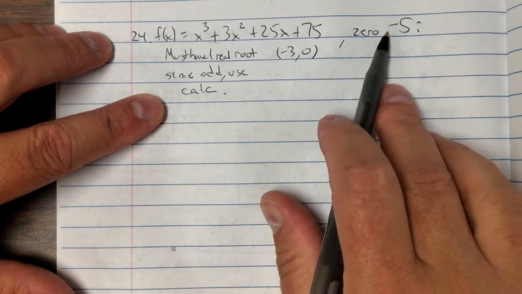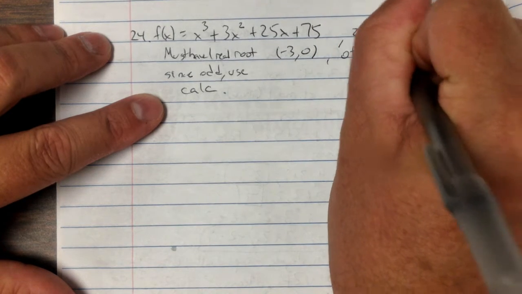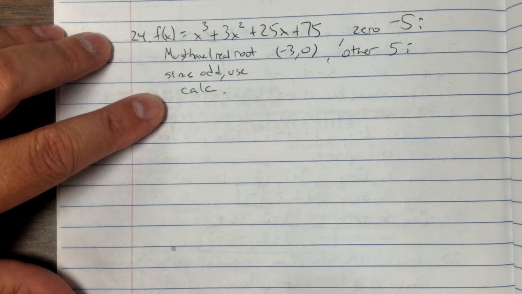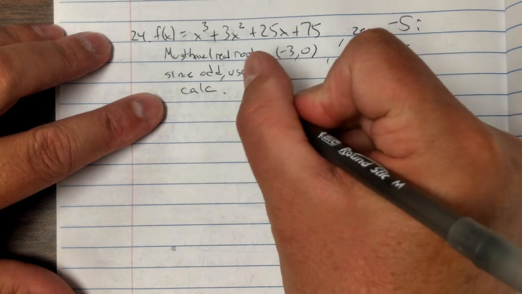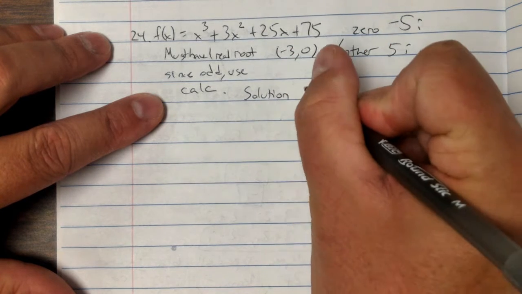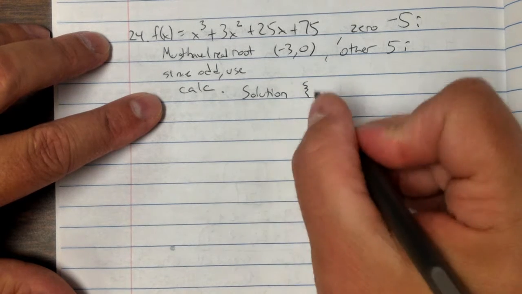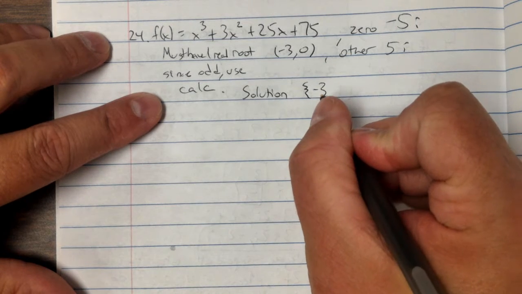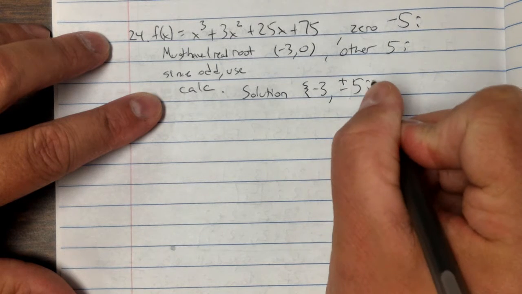And then because this is negative 5i, then we need to say the other one is 5i. So then your solution has the little curly braces, and you'd have negative 3 and then plus and minus 5i.